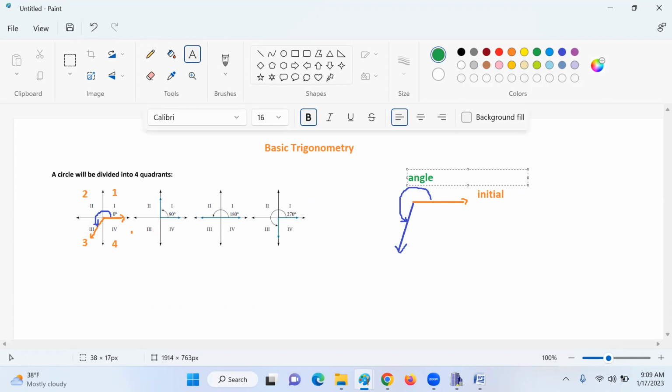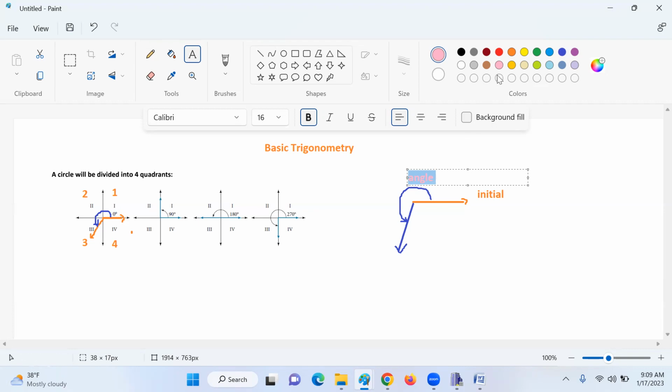A lot of us might call the angle alpha, gamma, beta, or theta, something like this. I call it angle x, okay? But if you don't want to use different names for angles, that's perfectly fine, because I don't want to mess up with the x and y coordinates.